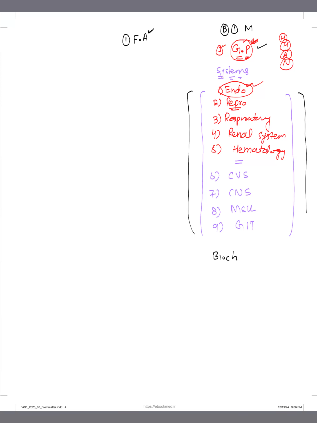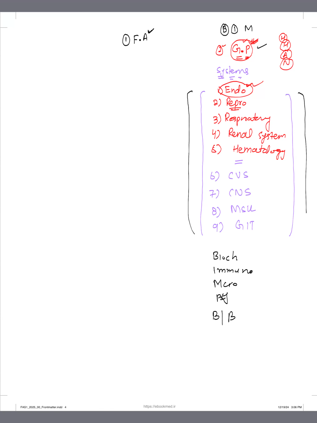Then after biochemistry, you can start immunology, and after immunology, microbiology. After micro, you should complete psychology. And after psychology, we have behavioral science, biostatistics and ethics. This is the complete syllabus for Step 1 which we have to cover.